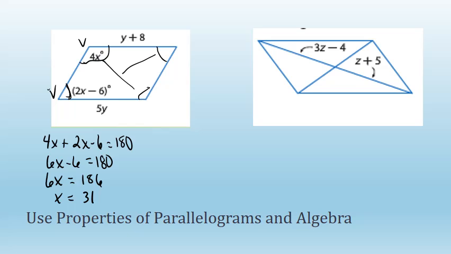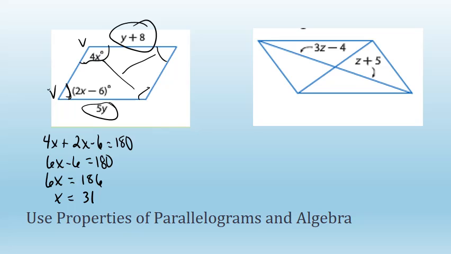Now, what about the y's? Well, for the y's, I've got this side here equal to y plus 8, and this one is equal to 5y. And again, one of the properties of parallelograms is the opposite sides are congruent, so they equal each other.